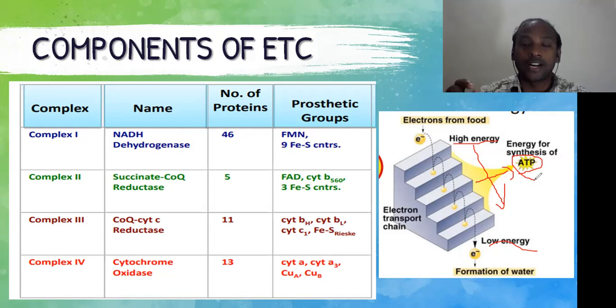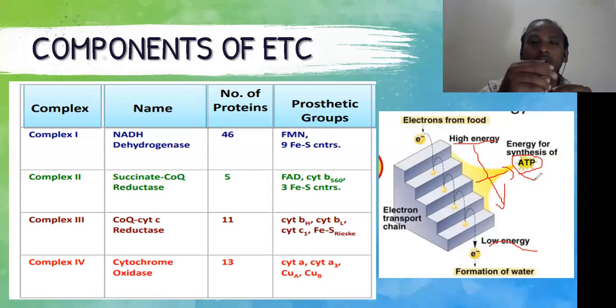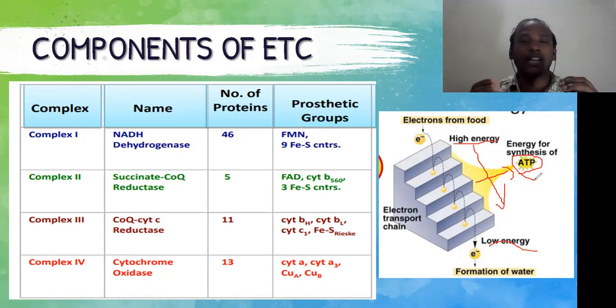Here you should understand that each and every complex takes electrons and gives them step by step, finally going down. This is nothing but carrier to carrier transfer, one carrier to another carrier.